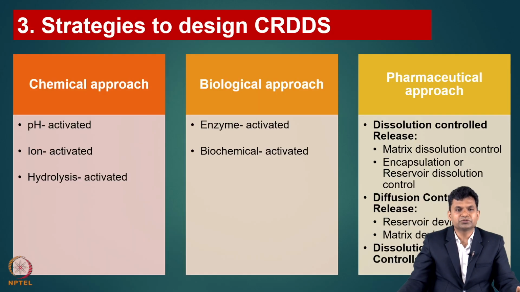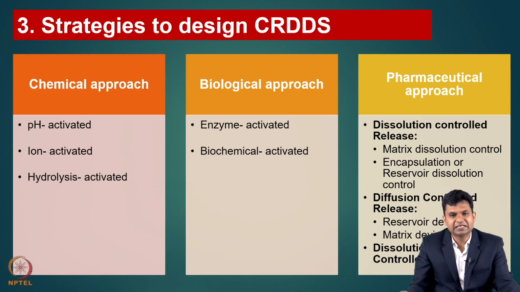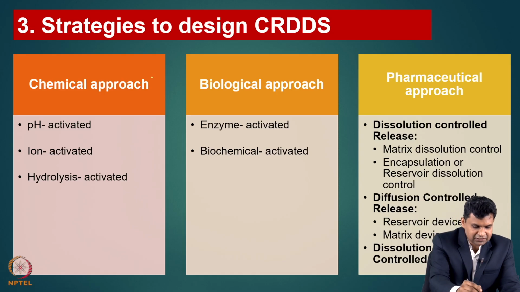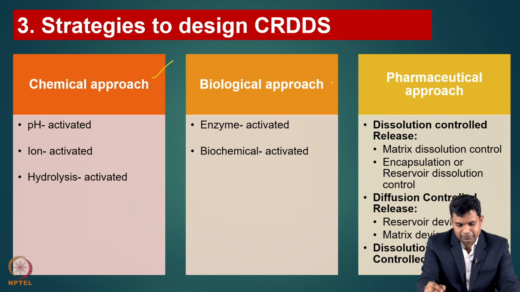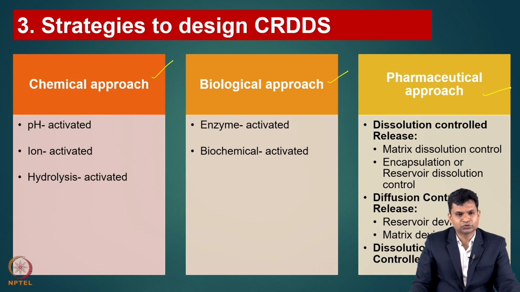And here we are going to see some of the strategies which will help in the designing of the control release drug delivery systems. So, here we can classify these into various strategies. The first one is the chemical approach, then the biological approach, and the third one is the pharmaceutical approach.